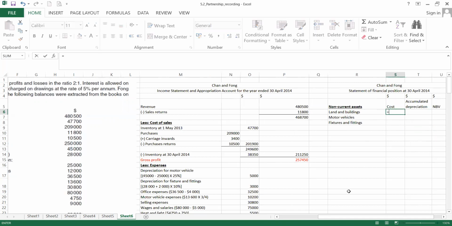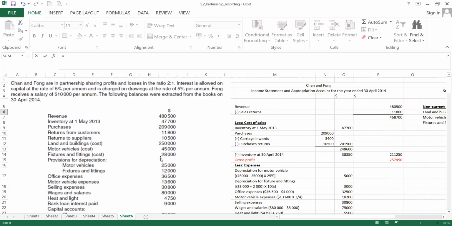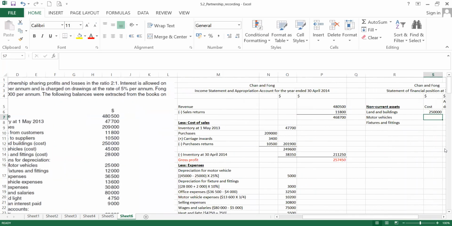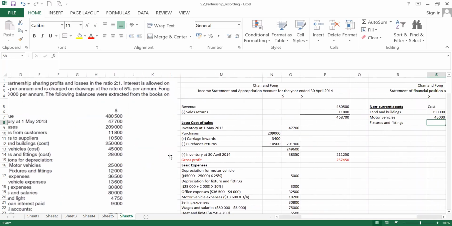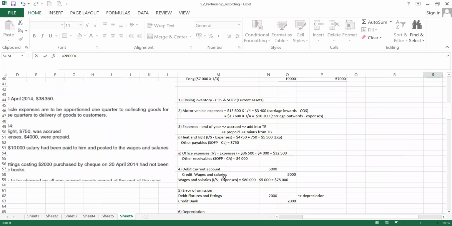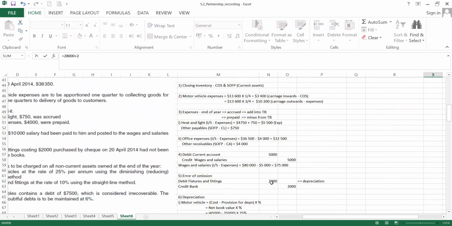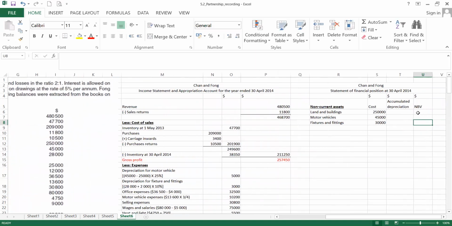Always take notes whenever there is an adjustment, and be careful because furniture has an adjustment. Land and building first. Motor vehicle cost has no change, 45,000. But for furniture and fittings, remember there is 2008, and then the additional information, the error of omission, 2,000. All this needs to be noted to avoid errors.